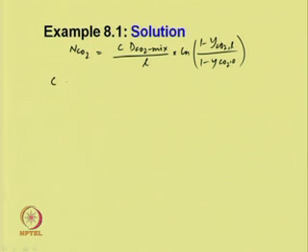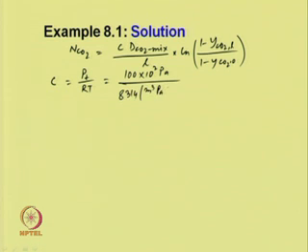So, C is equal to P_T by R T. So, P is 100 kilopascal into 10 to the power 2 Pascal, and R is 8314 meter cube Pascal per kmole Kelvin, into 300 Kelvin temperature. So, it is 0.0401 kmole per meter cube.